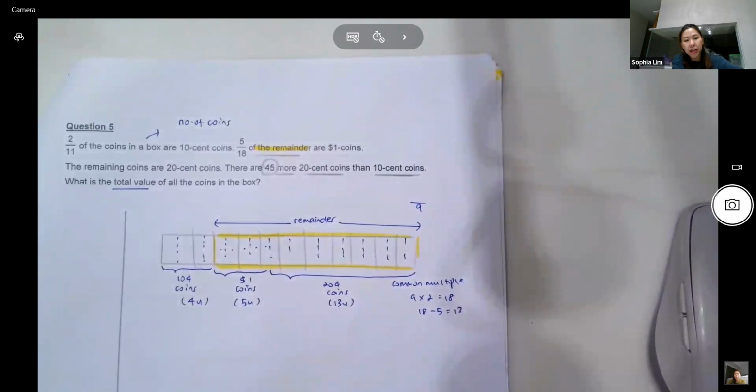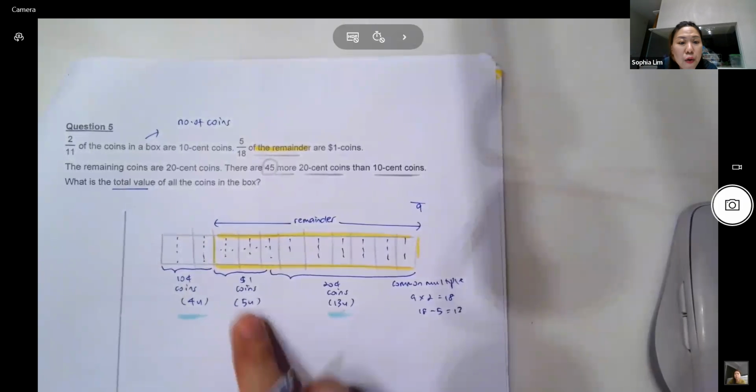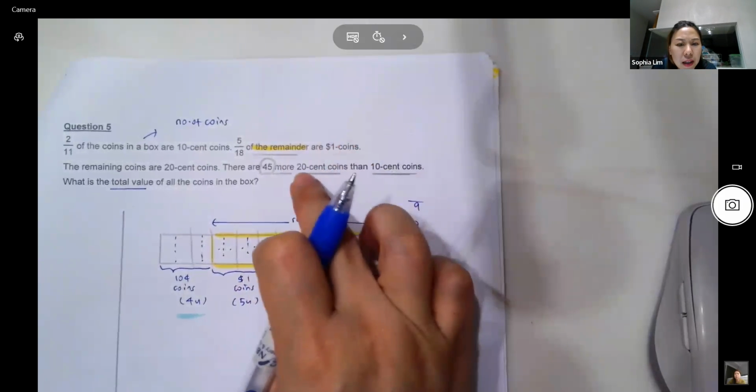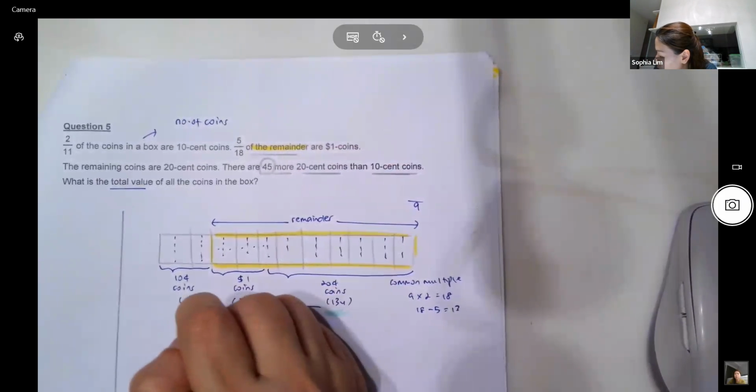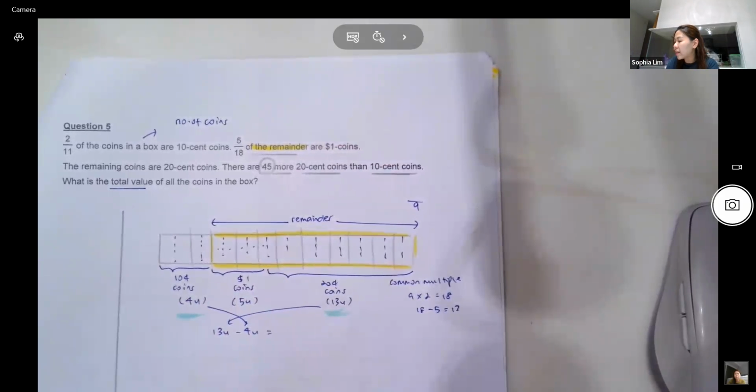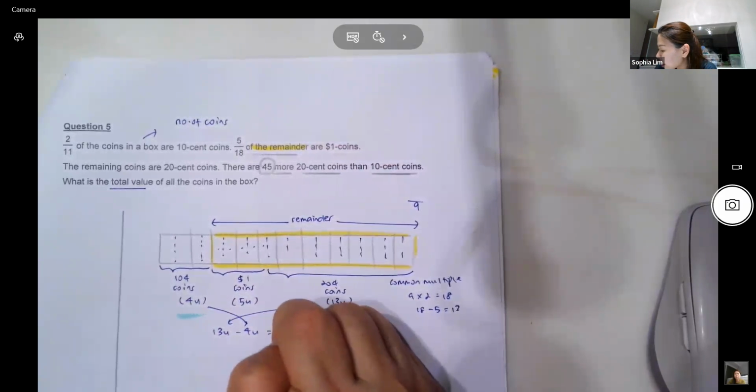They are comparing 20 cents with 10 cents. So be very careful. Don't anyhow take 13 minus 5. Read the question. They are comparing 20 cents with 10 cents. So you take 13 minus 4 to give us 9.